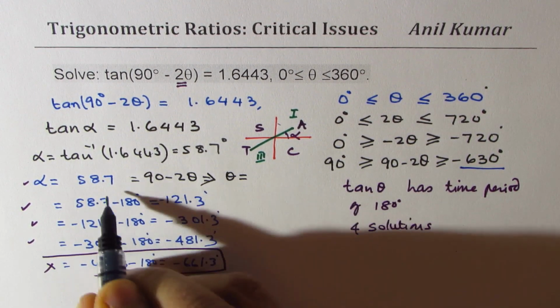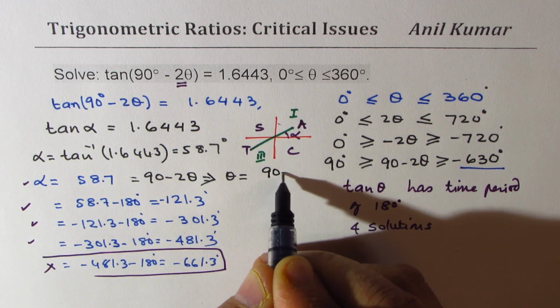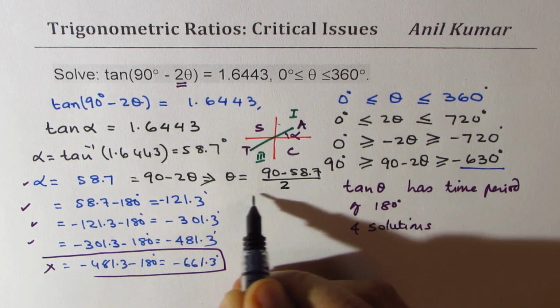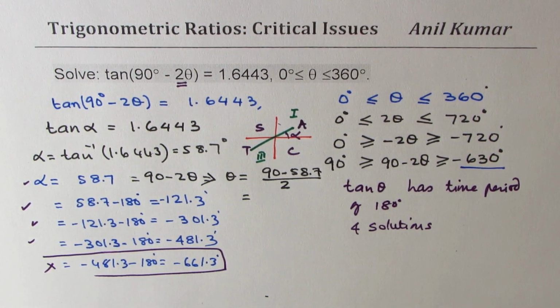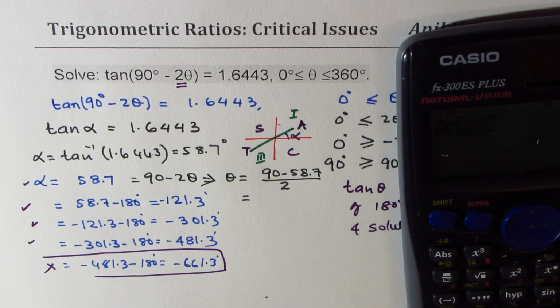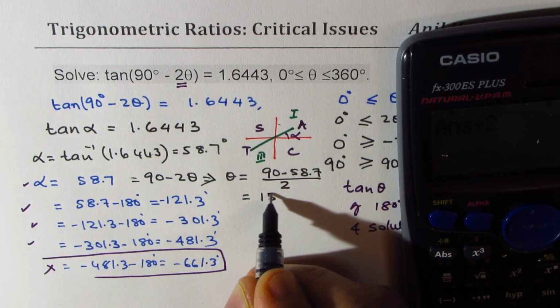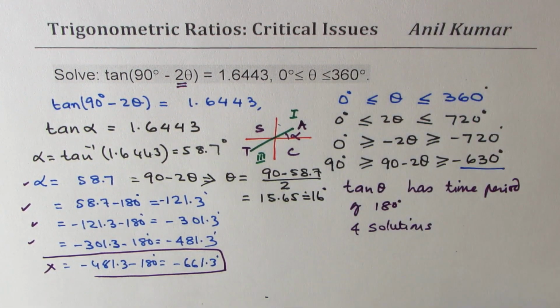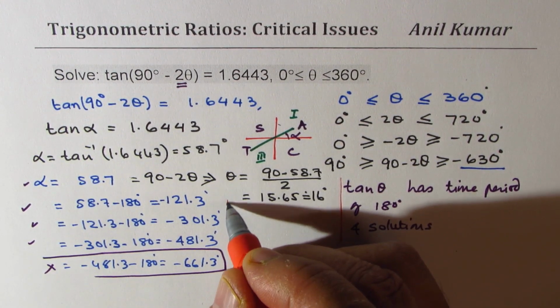So theta equals 90 minus 58.7 divided by 2. That is what we get. So let's calculate this. 90 minus 58.7 divided by 2 is 15.65 degrees. Rounding to 16 degrees. Do you see that part? So that is how we are going to calculate our answers. Correct? Do you see the idea?